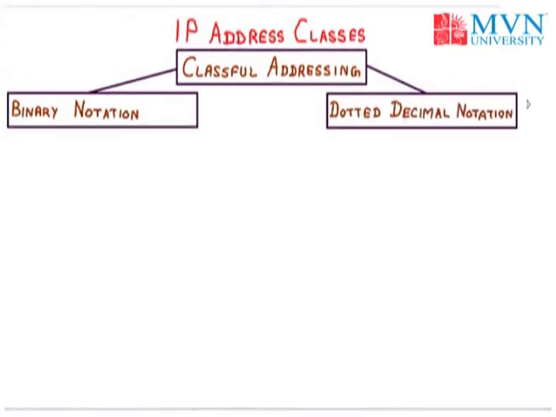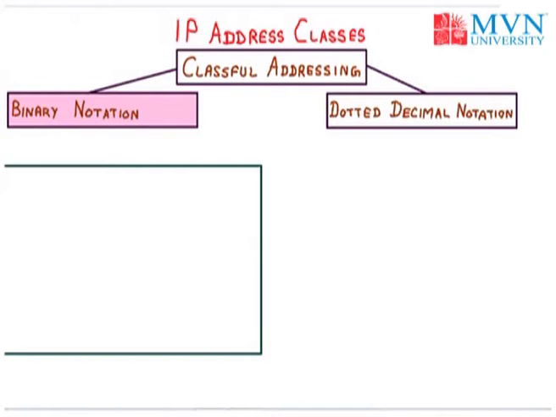Firstly we will start with the classful addressing of binary notation. First of all we will discuss the binary notation of IPv4 addresses. So we will draw a table. In the binary notation, we have the 5 classes.